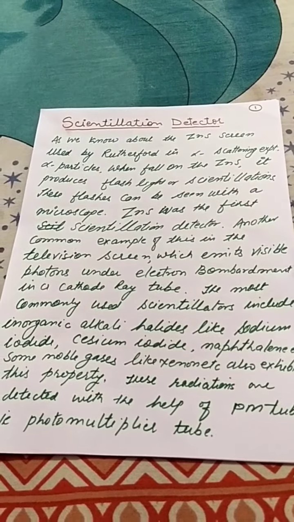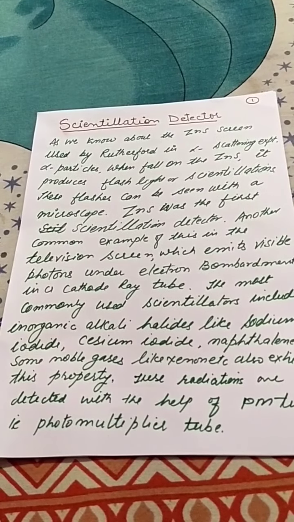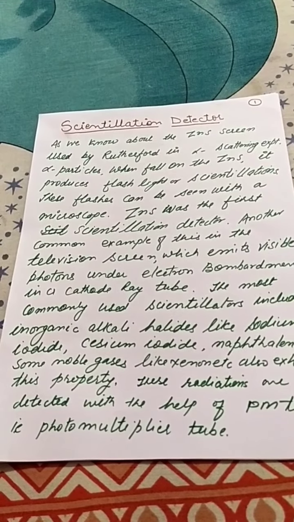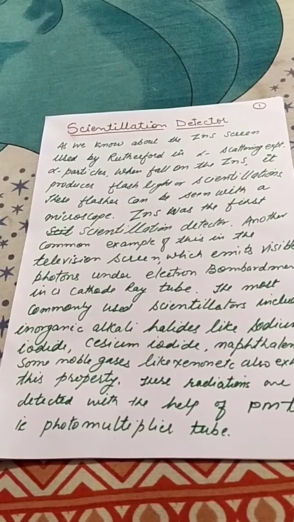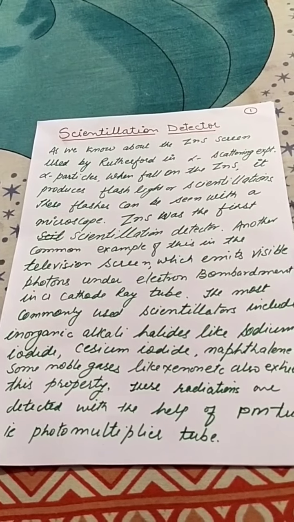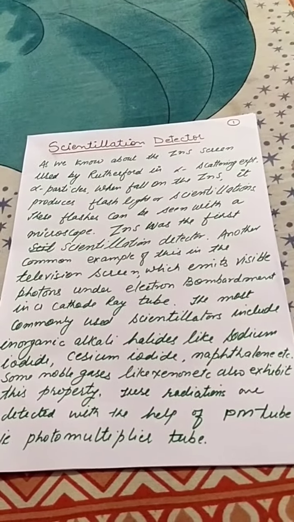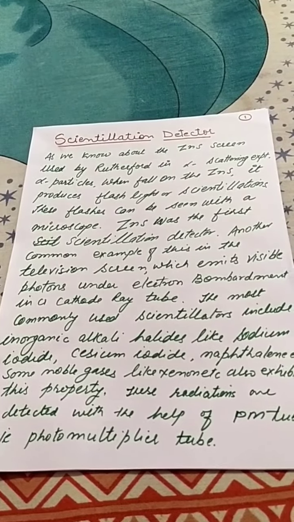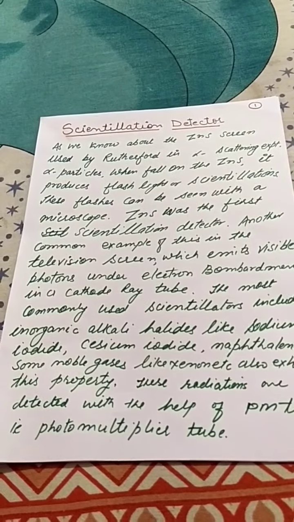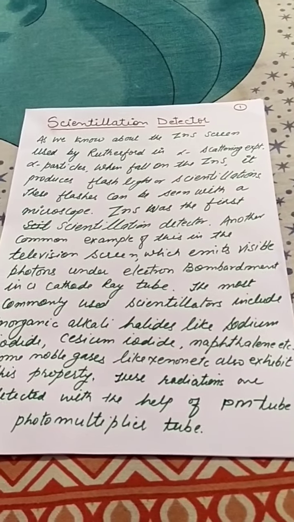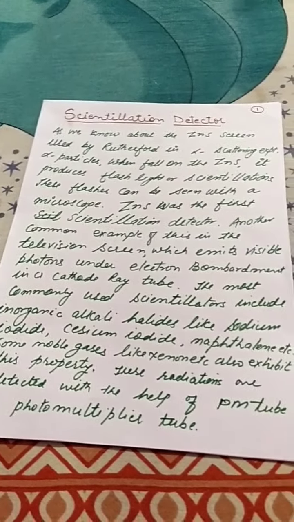Another common example of this is the television screen, which emits visible photons under electron bombardment in a cathode ray tube, CRT tube. You are familiar with the CRT tube. In plus one or plus two you know about cathode rays, the working of the cathode ray tube.